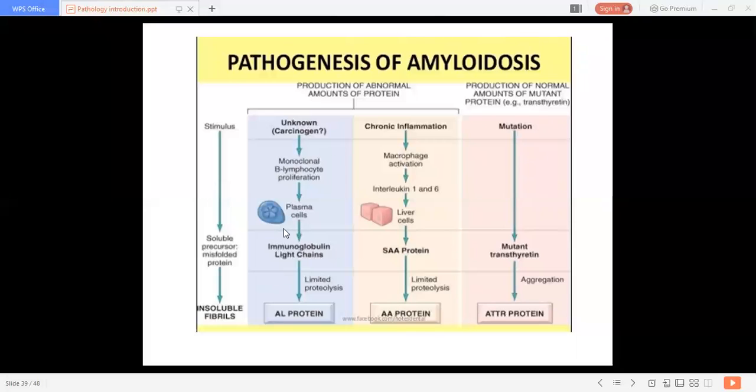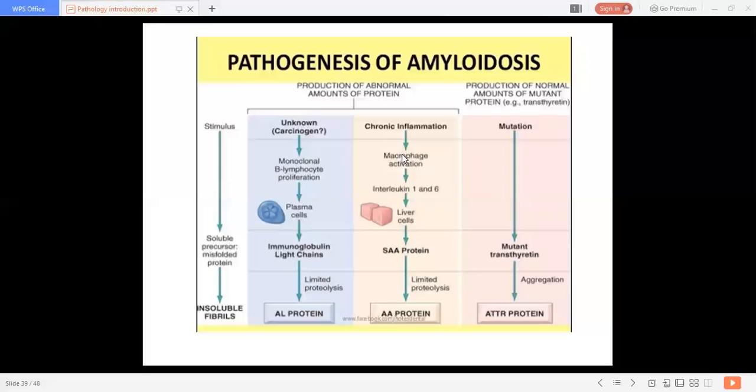Okay, so from that you can make out the differences, and always try to remember this differentiation: what is the stimulus for AL amyloid, what happens after the stimulus in case of AL amyloid, and what happens after the stimulus for AA amyloid.